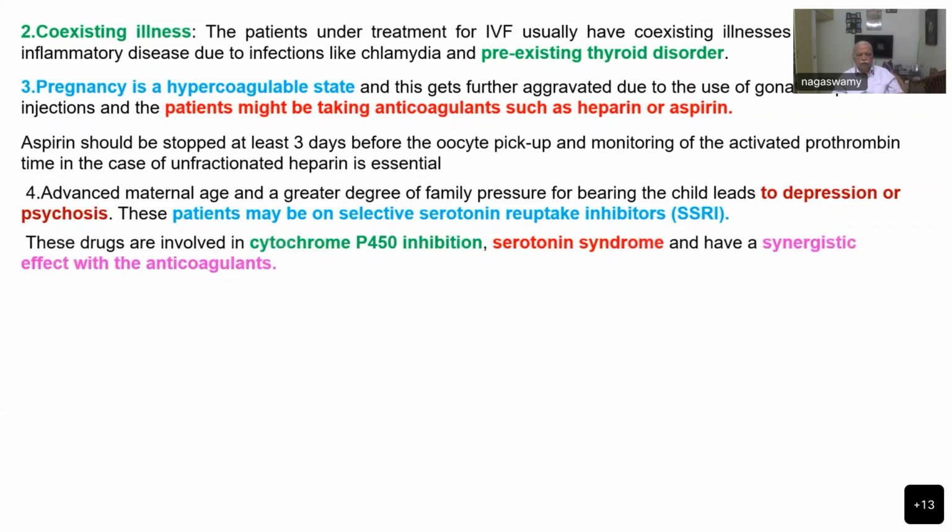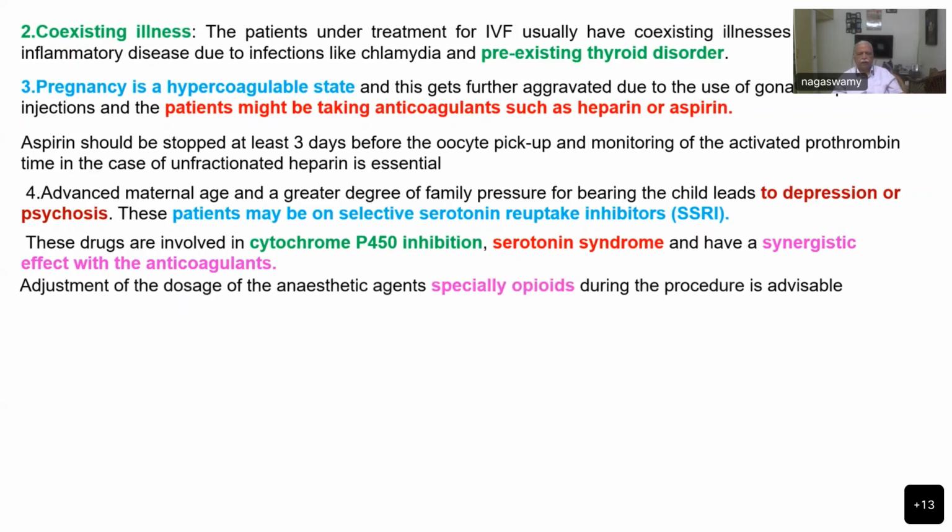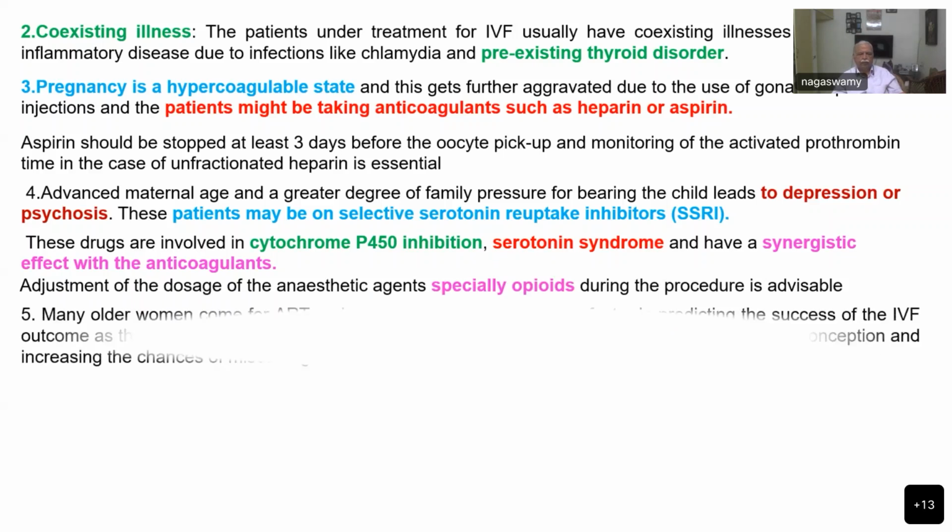And if they are taking those tablets, that may interfere through cytochrome P450 inhibition, so it may cause pharmacological effects. Then there may be serotonin syndrome sometimes, and it may potentiate the anticoagulants because of the enzymatic inhibition.